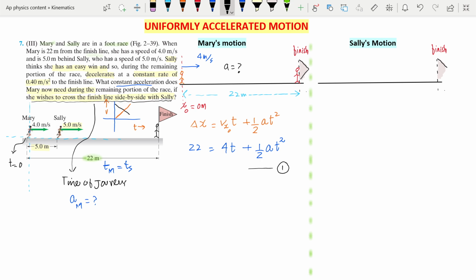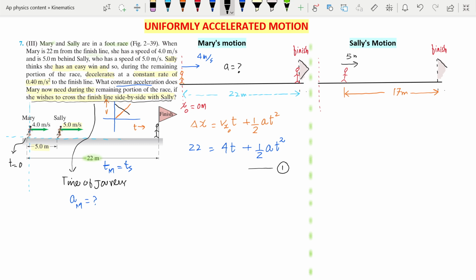What about Sally? Sally is not at the reference point. Sally is already at some distance away from the reference, whereas the distance covered by Sally must be 17 meters rightward. And what is the initial velocity of Sally?